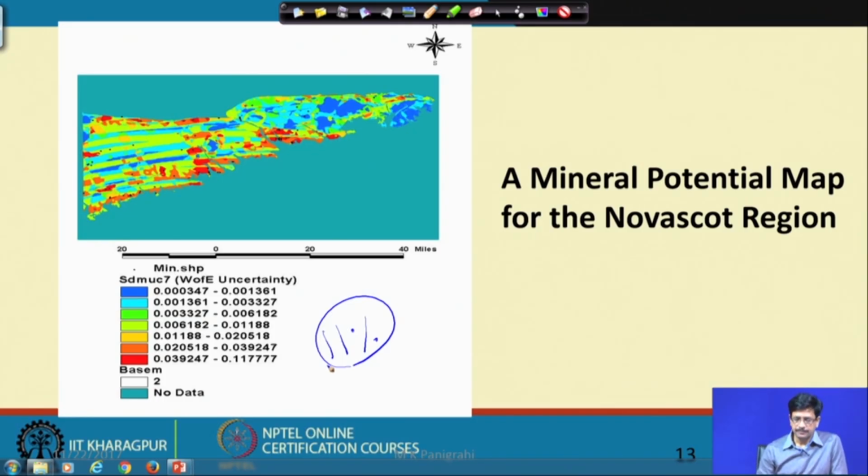And as we discussed before, mineral exploration is essentially a very high risk economic activity, and the success rate is actually very low.